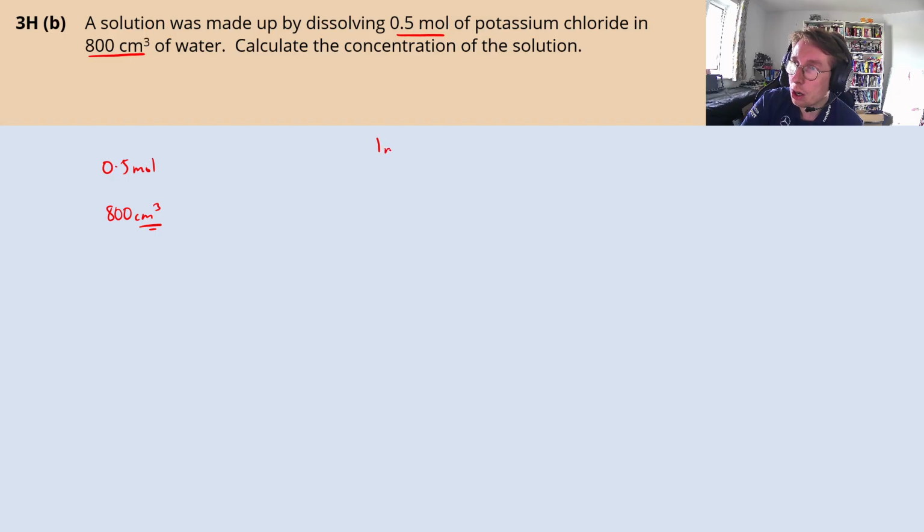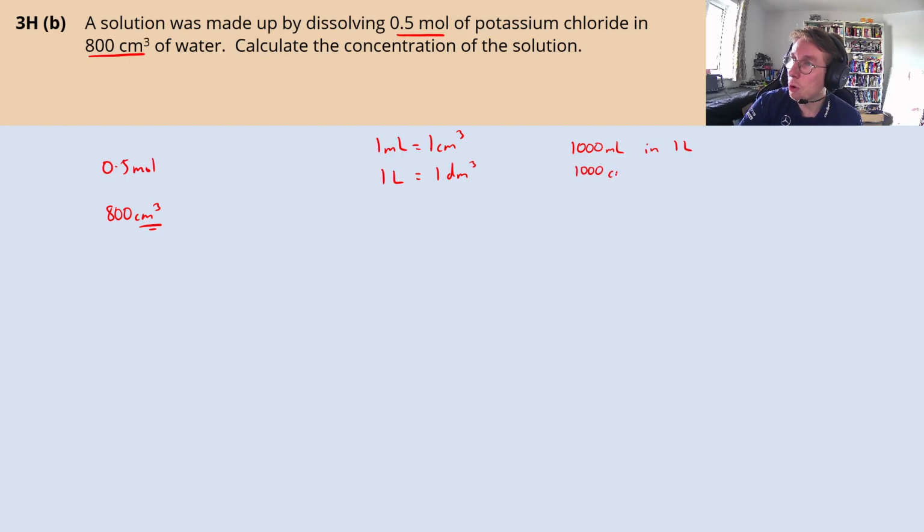Now the way that I remember this, so 1 milliliter is exactly the same as 1 centimeter cubed. So if you're measuring anything in milliliters, that's what a centimeter cubed is. A liter is equal to 1 decimeter cubed. Okay, and we know, or hopefully you know, that there are 1000 milliliters in 1 litre.